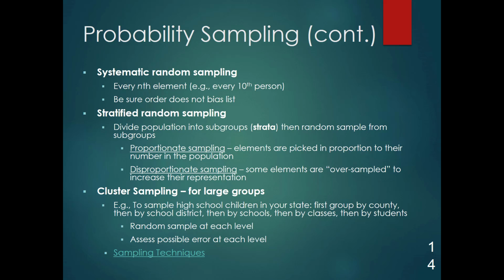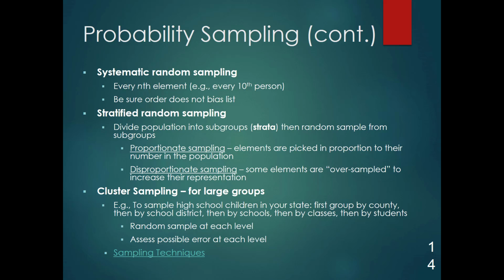So disproportionate sampling basically means that sometimes we may have to oversample a specific group because the group is so small that, in order to get a representative sample, we have to make sure that we're getting data from all of that group to ensure that we have representation.